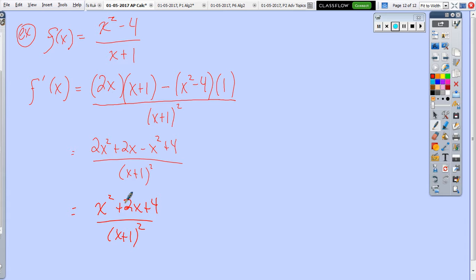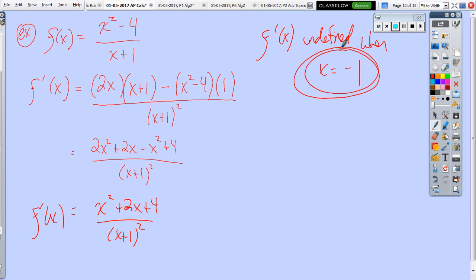This does not look factorable, but let's find out where this is going to be undefined. F prime of x will be undefined when x equals -1, so this is one critical point.